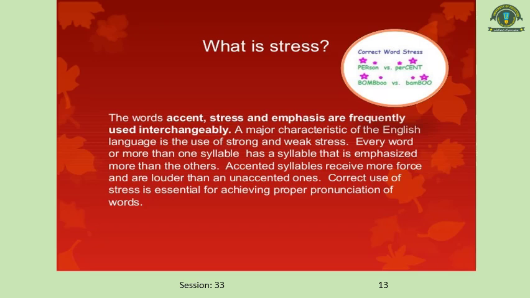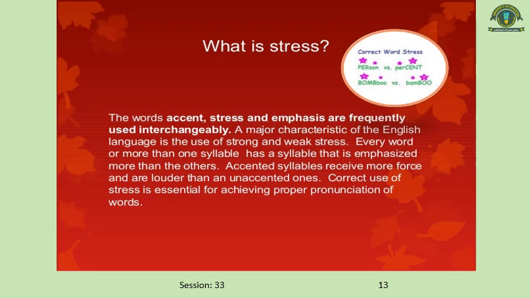So always remember that these words, accent, stress and emphasis, are interchangeably and frequently used. Alright? But remember, a major characteristic of the English language is the use of strong and weak stress. That is the characteristic of the English language.